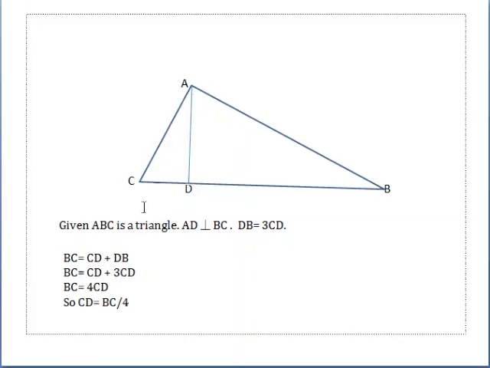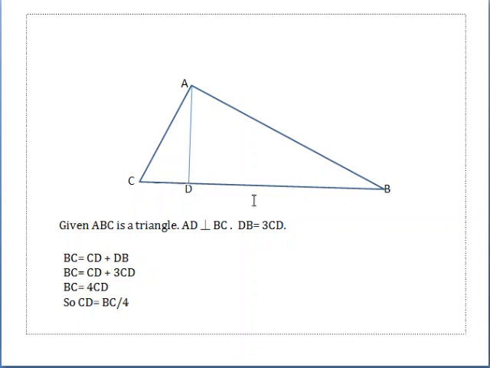The same figure I have drawn here, that is ADC and ADB. In the figure you are given that DB is equal to 3CD. Now if I ask you what is the length of BC, that is the total length of this line, you will say that it is CD plus DB, isn't it?